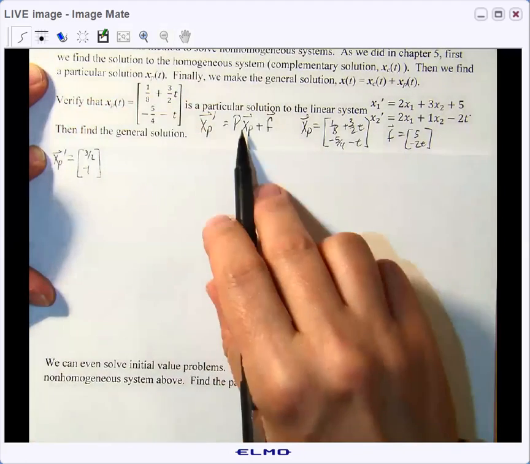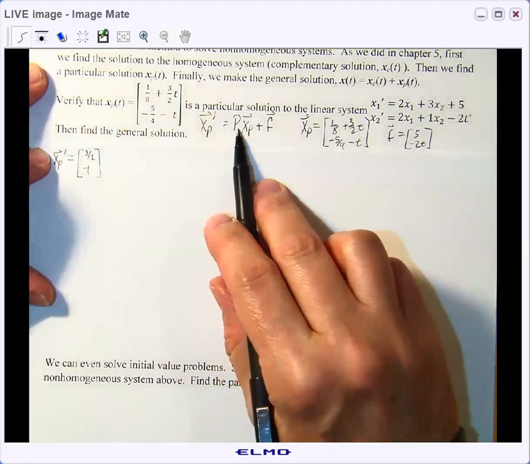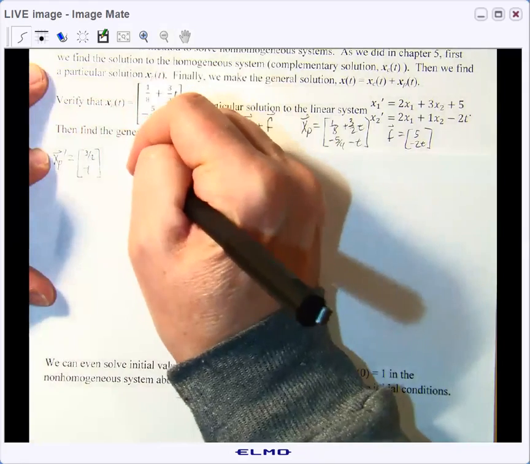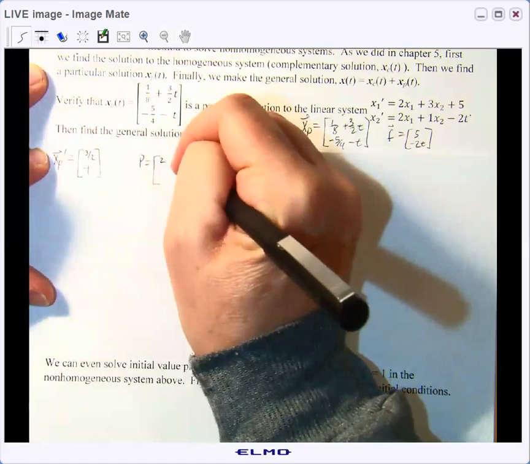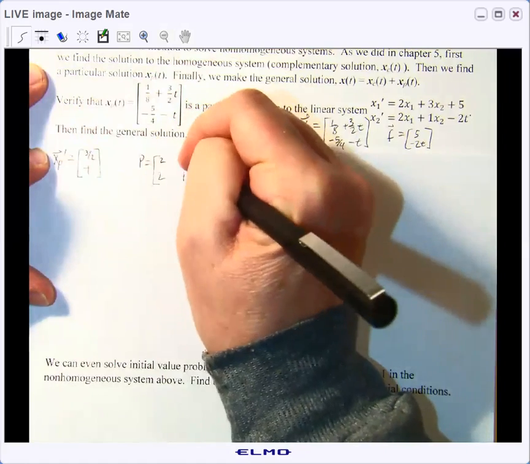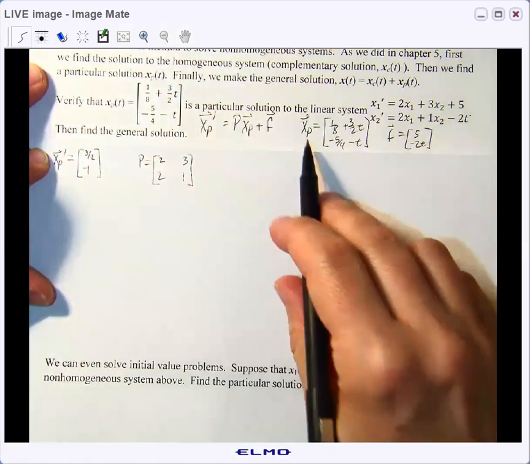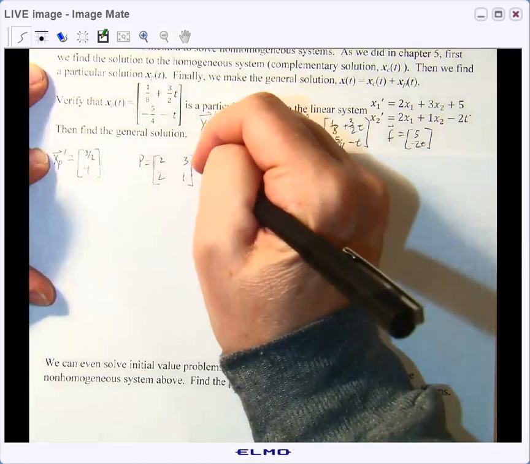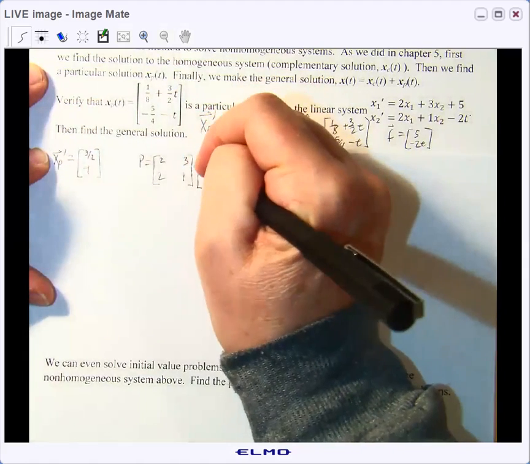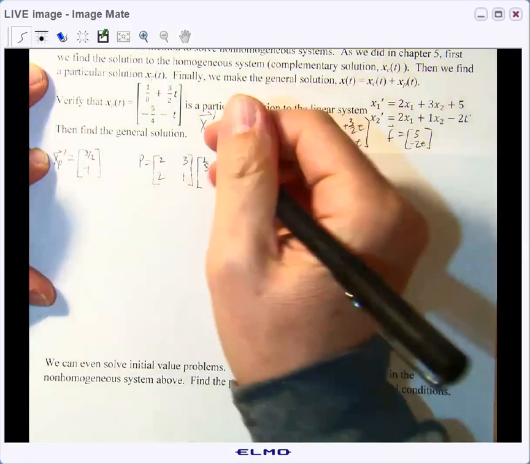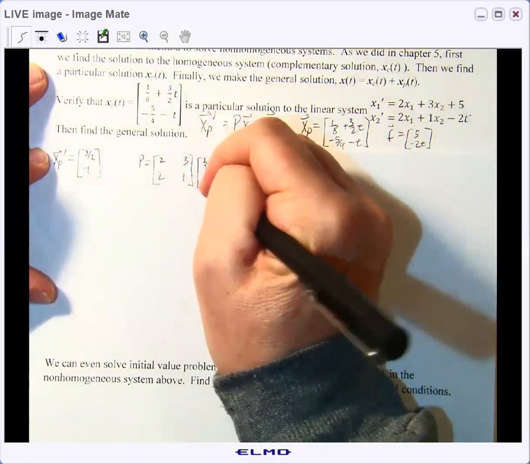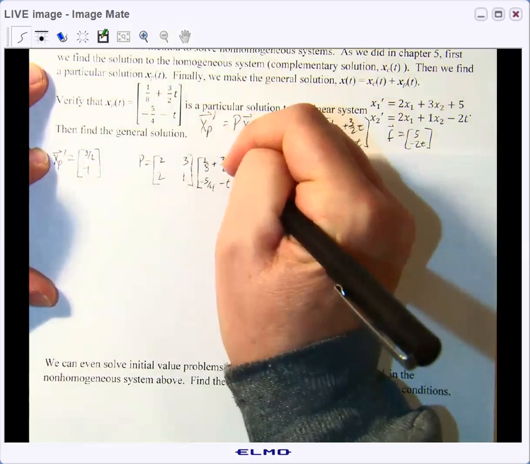So let's take our p matrix, remembering that our p matrix from last time was 2, 3, 2, 1. And we multiply that by the x sub p vector, which is 1/8 plus 3/2 t and -5/4 minus t.